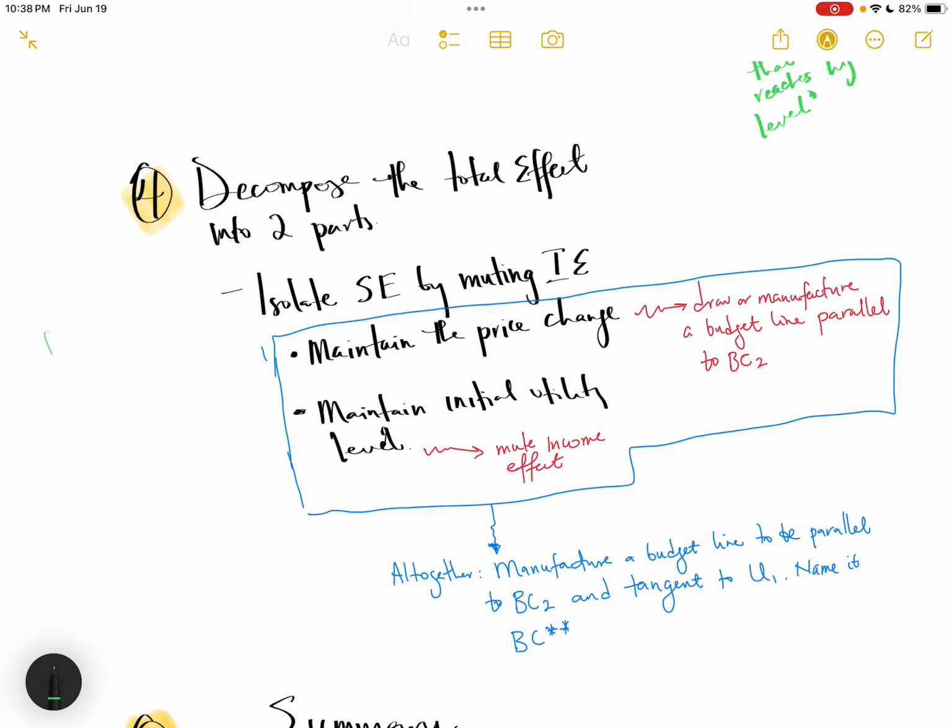When we make that manufactured budget constraint tangent to the initial utility level, we have muted the income effect and thus isolated the substitution effect. Take a minute and look at this, or pause the video and look at what I have written here, because that's what I'm going to do on the graph that we started with.